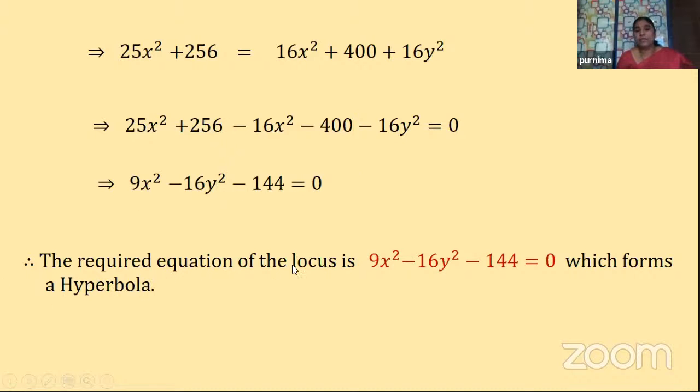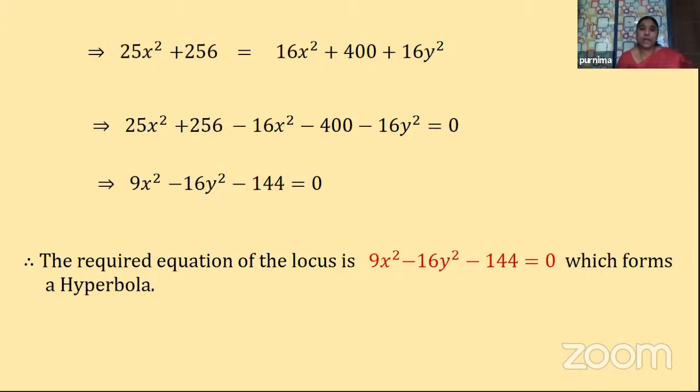So the required equation of the locus is 9x square minus 16y square minus 144 is equal to 0, which forms a hyperbola. So here this is a case 1 of which sum? Yes, the locus, finding the equation of locus where the difference of the distances is given.